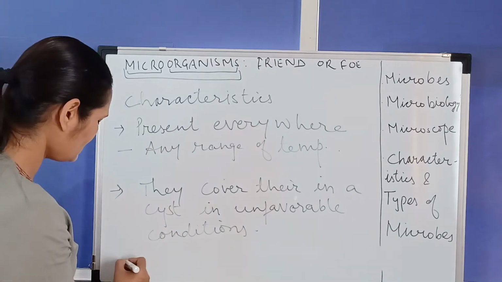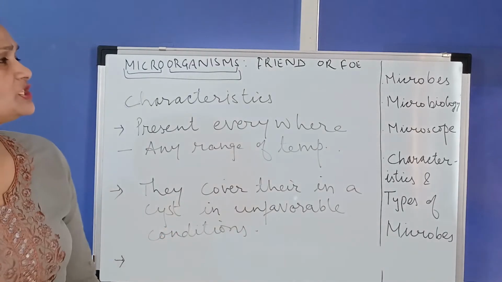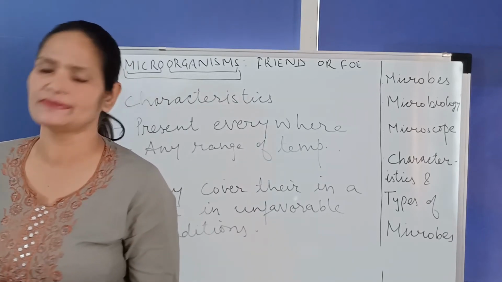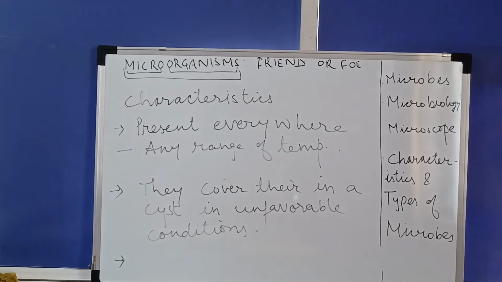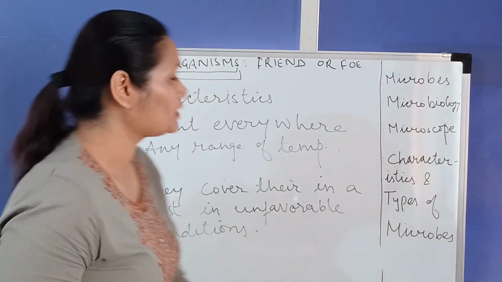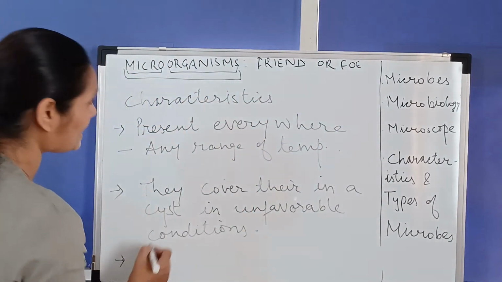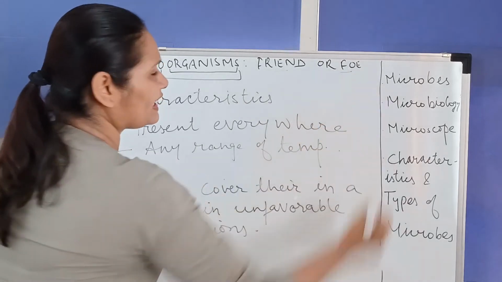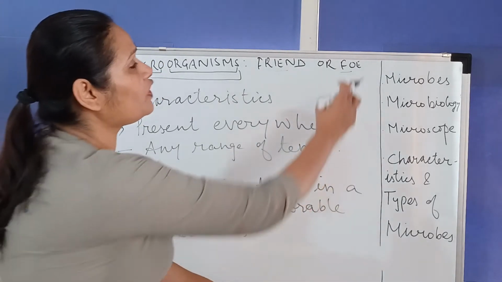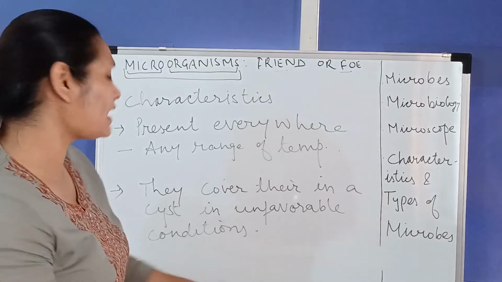What else? Any other characteristic that you know about microorganisms? I'm waiting for it. Please mention it in the comments. See, as the topic indicates, Microorganisms: Friend or Foe, they can be good or they can be bad. Friend means they are helpful and foe means enemies, so they are harmful, right?